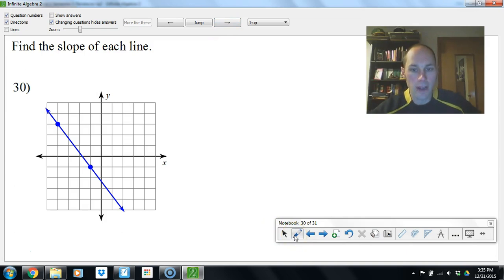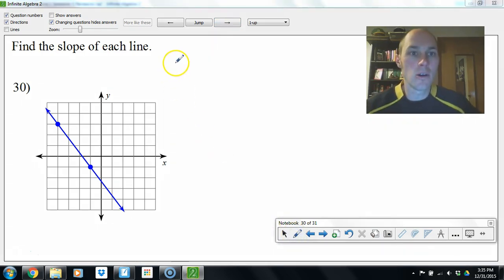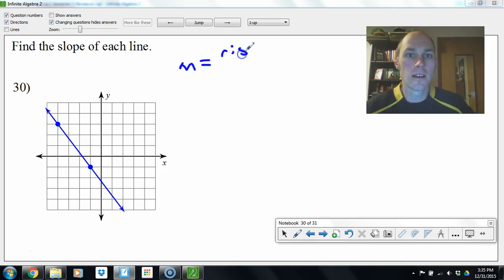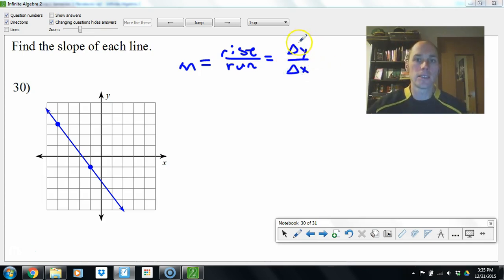Next, take a look at graphs. Find the slope. Remember, slope is our variable m, and that's rise over run. Slope can also be quantified as the difference of the y's over the difference of the x's. So we find out what's the difference in the y values, or how the y's go up and down.